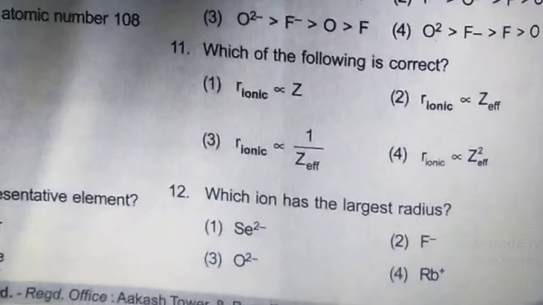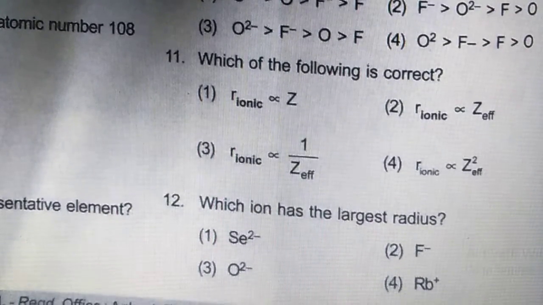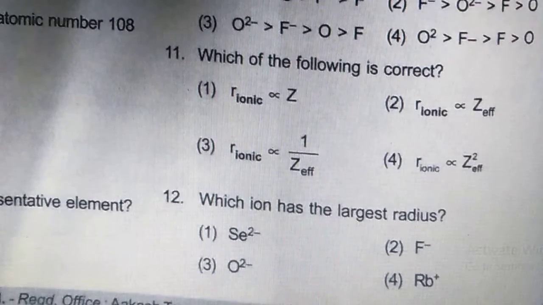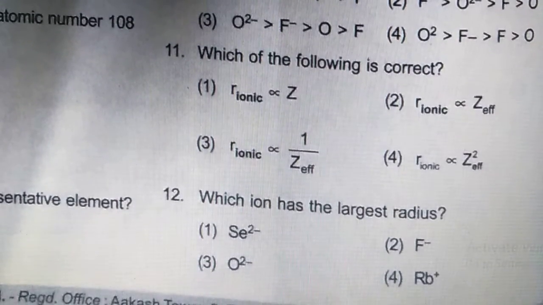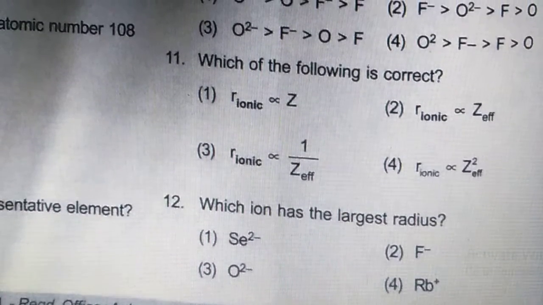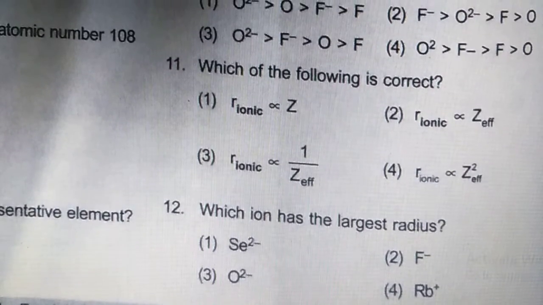Now let us go to question number 12. Which ion has the largest radius? They are the ionic species, student. If you know the cation has a smaller size, the fourth option is excluded.